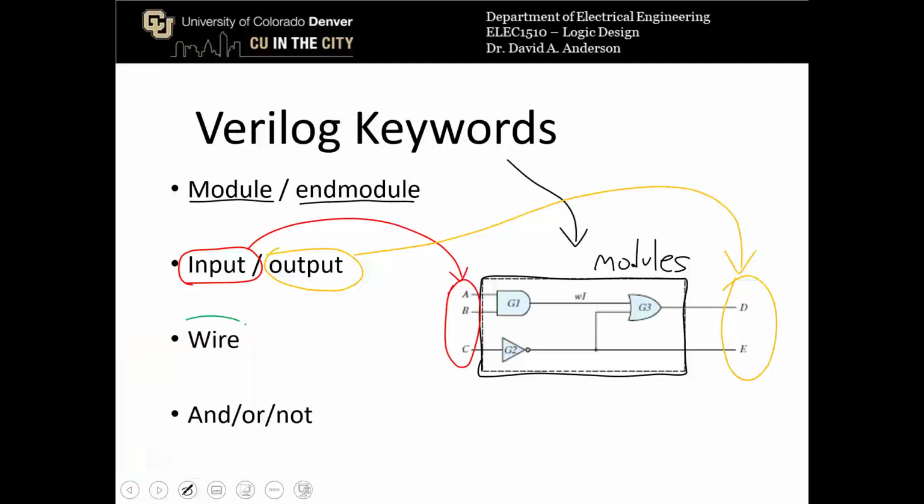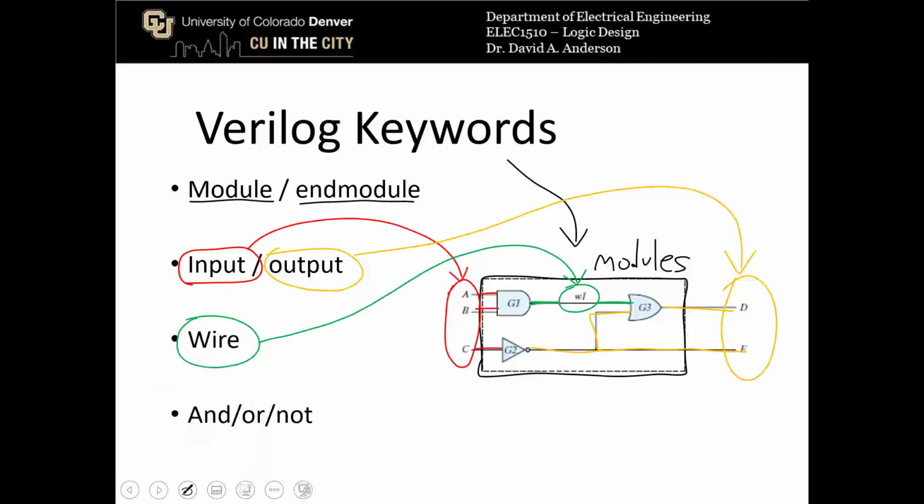Wires are connections that exist entirely within the module. So they're not inputs or outputs. There's only one wire inside this module, and that's right here, because neither end of this wire connects outside of the module. Every single other wire, like, let me draw in the correct color, this wire is an output, this wire is an output, and then the rest of them are inputs.